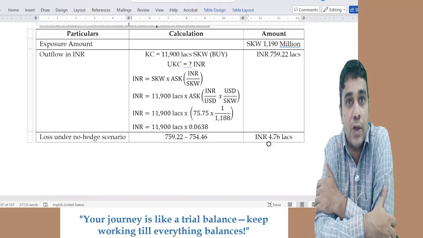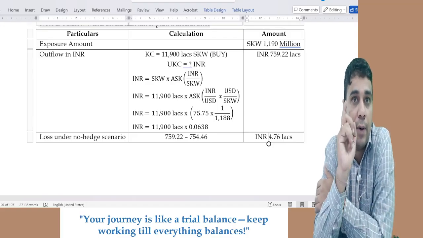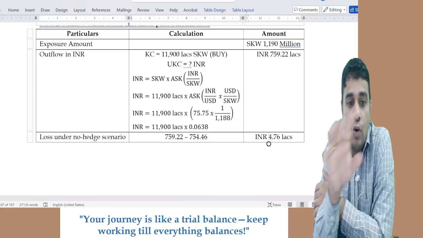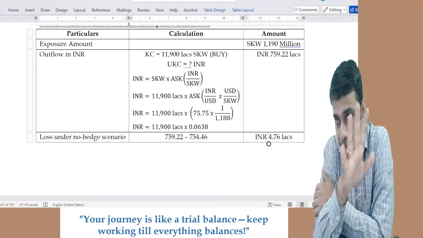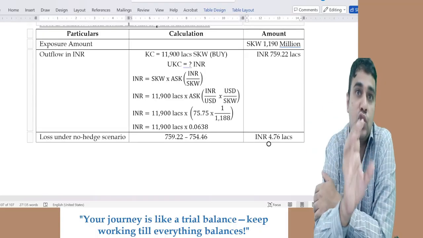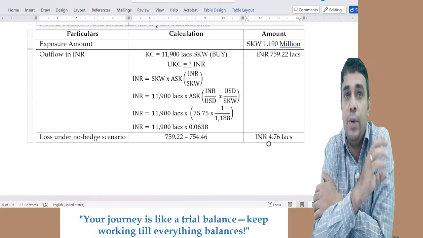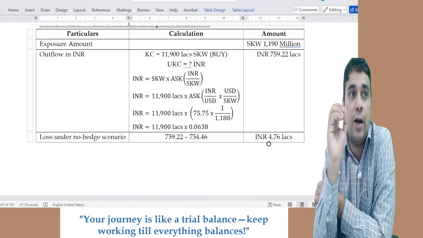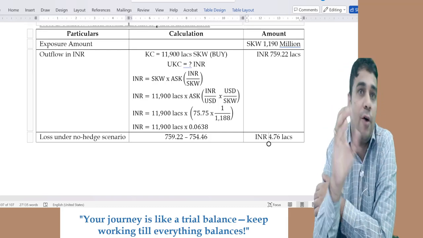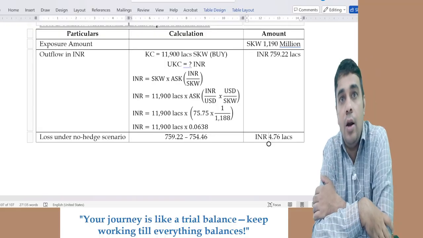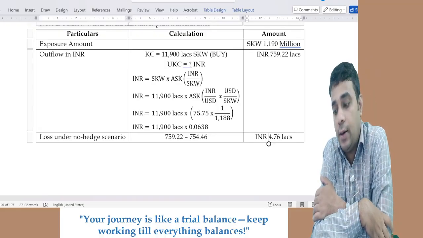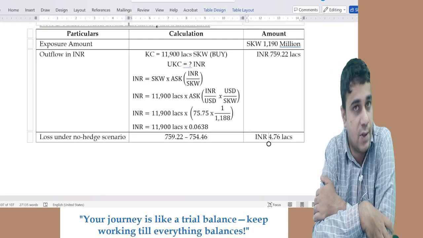NDF is nothing but futures. Under futures, settlement will happen only at the spot rate. So the first note remains the same, the second note also holds good, but along with this there is going to be a futures profit or loss, or NDF profit or loss. I have to do a non-deliverable forward contract profit or loss calculation.